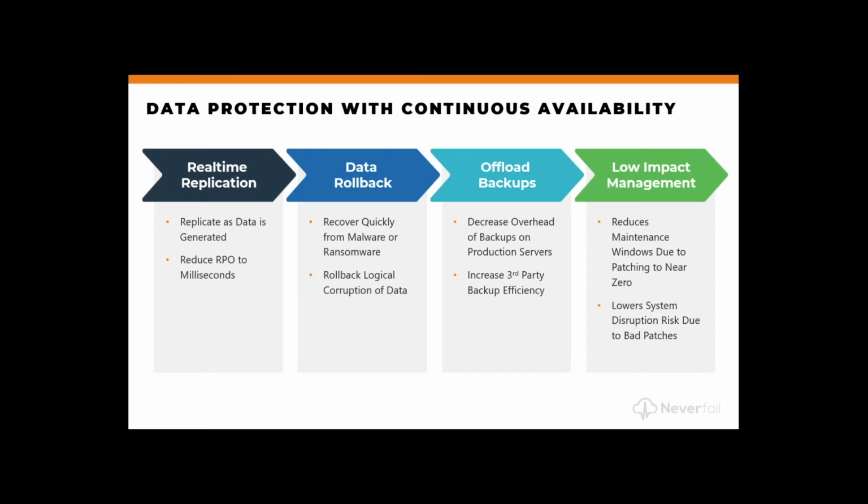Since we're talking about this ransomware thing, how do we protect and recover from this? Well, Continuity Engine provides multiple tiers of data protection, and we start with the real-time replication system. That essentially gets you as close to the failure event as possible. But because it's so fast, we could inadvertently replicate some of that corruption over in real time.